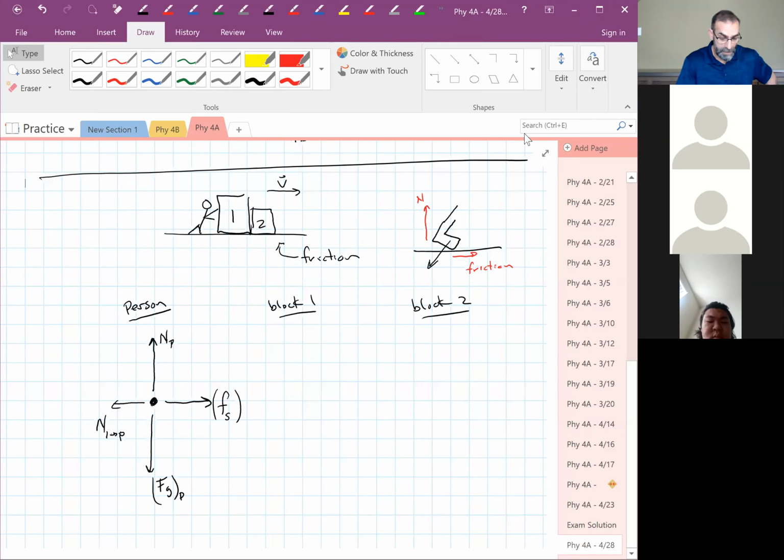Okay, so we are drawing free body diagrams for block 1 and block 2. Block 2 is a little easier, so let's do block 2 next. There's our block 2.